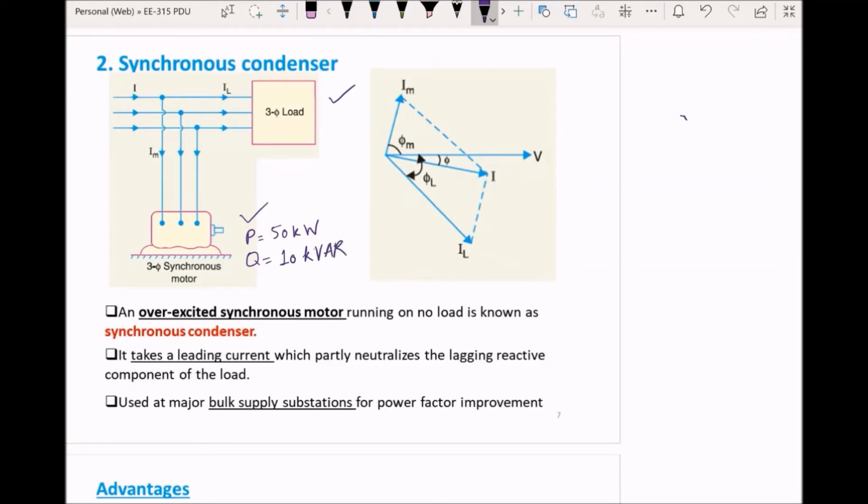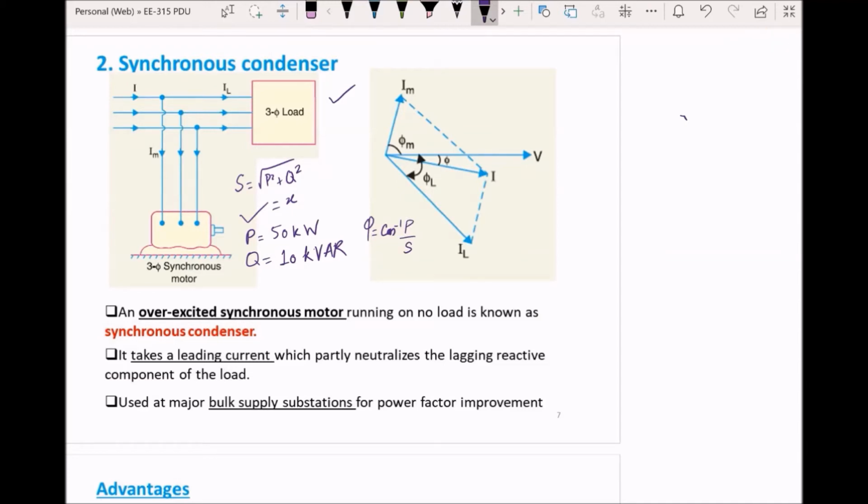So if we want to calculate the power factor, first of all we will calculate the apparent power, which is the square root of P square plus Q square. Let's say this is equal to X, and we know the power factor will be equal to cos inverse of active power over apparent power.